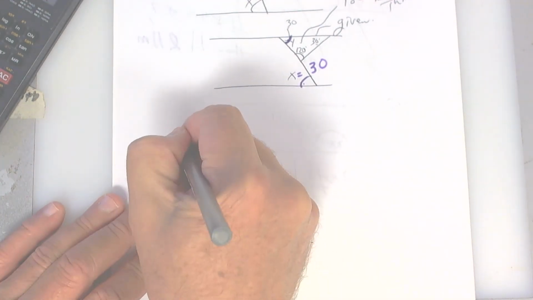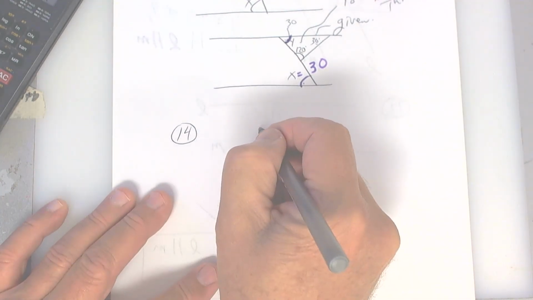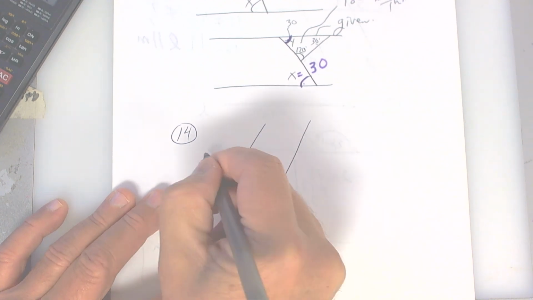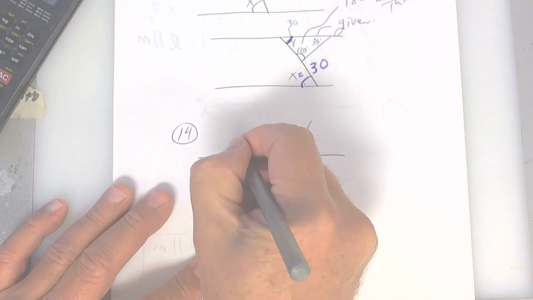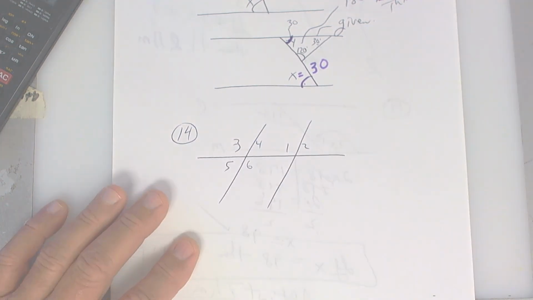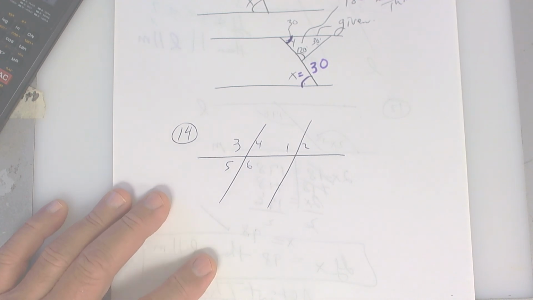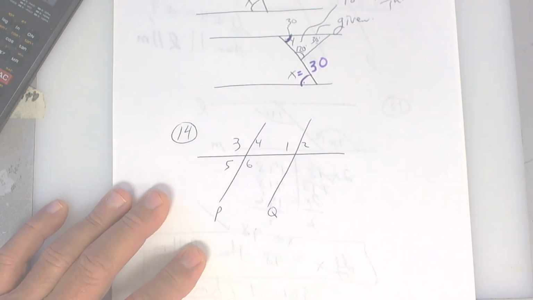Number 14. Let's keep moving. Number 14 looks like this. All right, 1, 2, 3, 4, 5, 6. Copy that down. It says find the values of x for which P is parallel to Q. So we want this one to be parallel to that one.